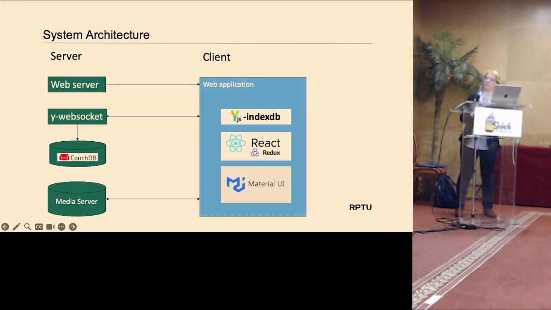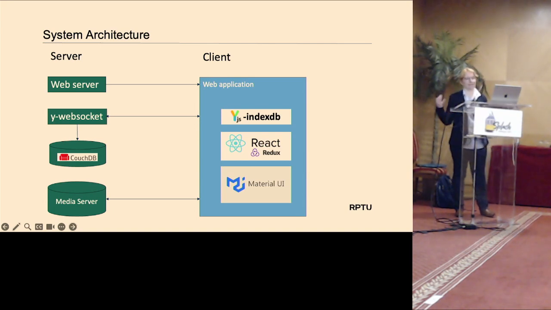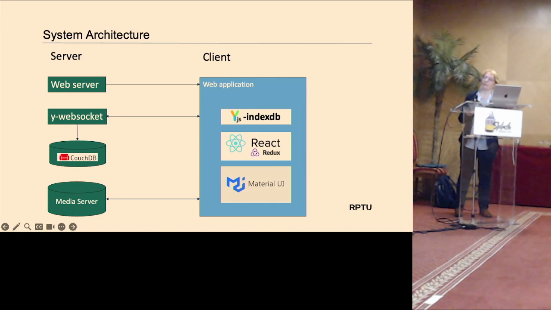How is the system built? So in essence, it's local first, but it follows this flavor of local first, where you have a server that provides persistence and in general the access point or access location for the data. So we have a web server that serves the web application.